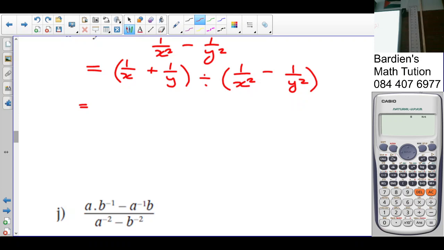Yes? Okay, so what's the LCM in the first bracket? xy. So the first denominator must be multiplied by y, and this y must be multiplied by x. That's all. So that will be 1 times y is y, 1 times x is x, must be divided by.